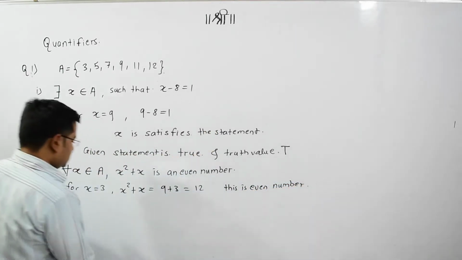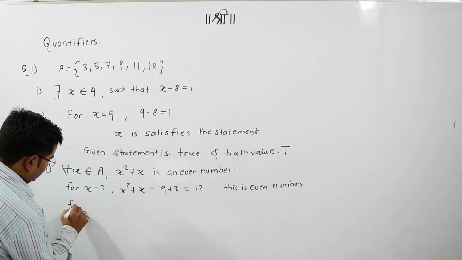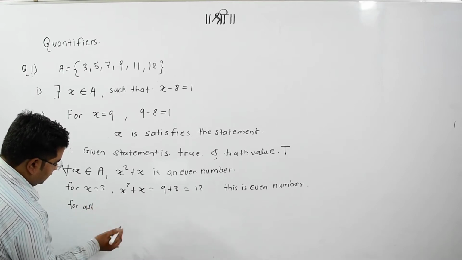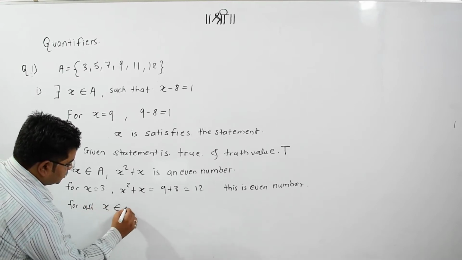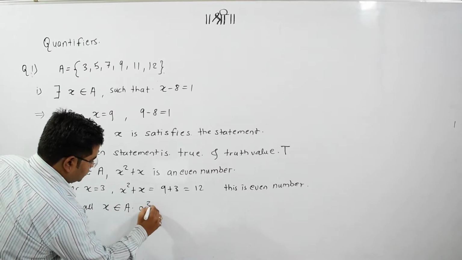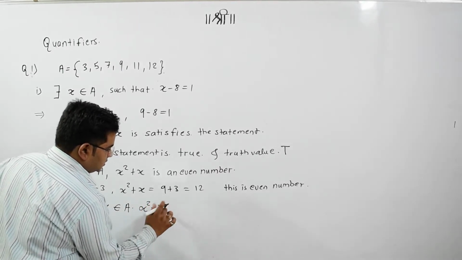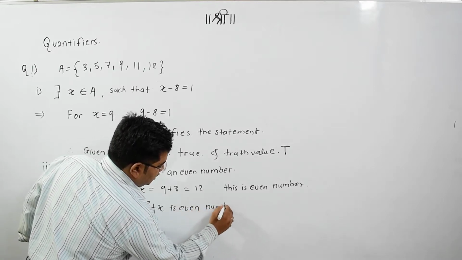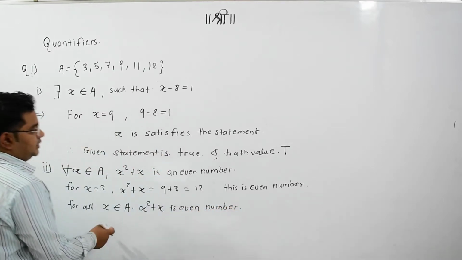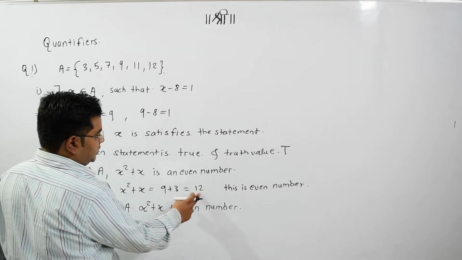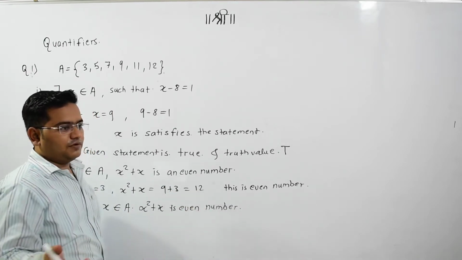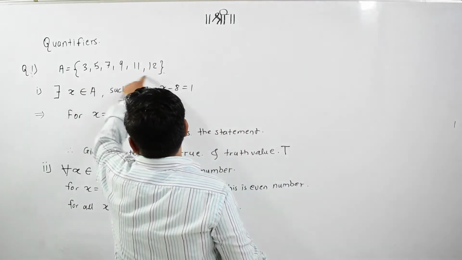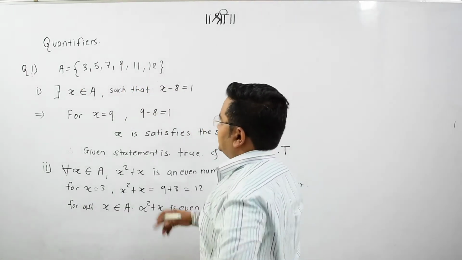Similarly, for all x belongs to A, x square plus x is an even number. Okay, just look at these quantities. If you take 12 square, 144, plus 12 is even.